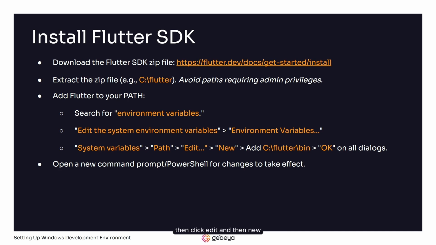Then click Edit, and then New. Add C:\flutter\bin. Click OK on all dialogues to save your changes. After this, open a new command prompt or PowerShell window for the changes to take effect.